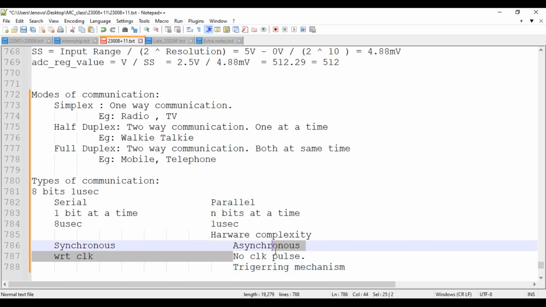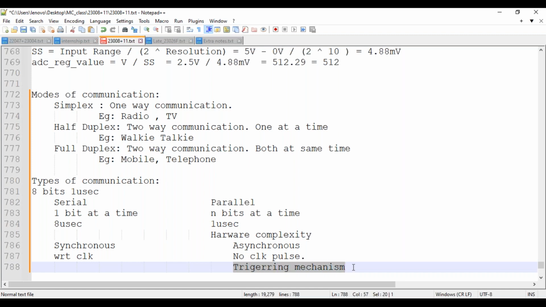So there is no clock pulse involved, and a triggering mechanism is required to seek the attention of the receiver when you are trying to do the communication.